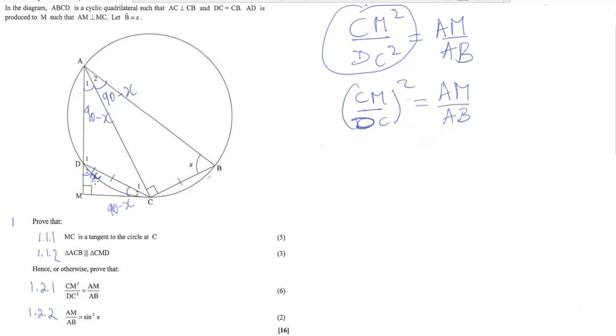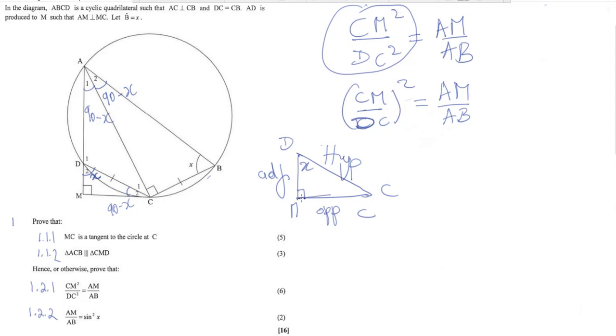So if this is X, CM will represent the opposite side to the angle D. There we go. This is X, this is a right angle, this is D, C, this is M, this is C. So to this angle, this becomes the opposite side, and this becomes the hypotenuse, and this is the adjacent side.